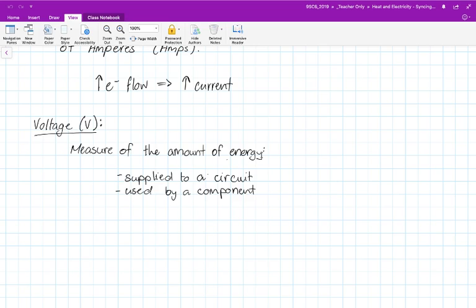Okay, so the way we measure voltage is using a voltmeter.